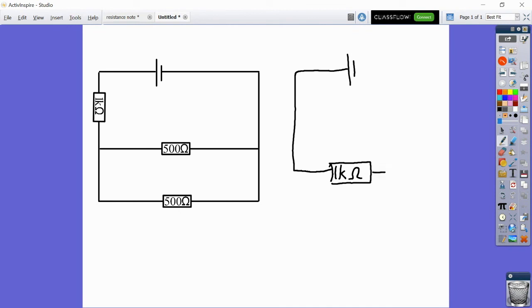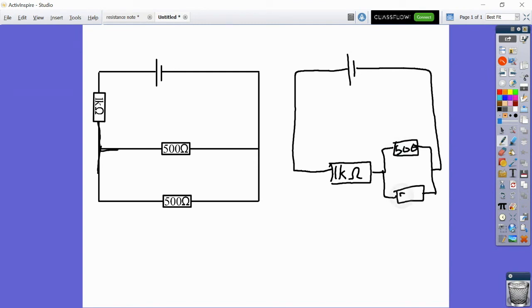And then what happens after the 1 kilo ohm resistor is the split. But I could draw that with the wires slightly differently. But now it looks perhaps a bit more familiar to you. And that's each of the 500 ohm resistors.